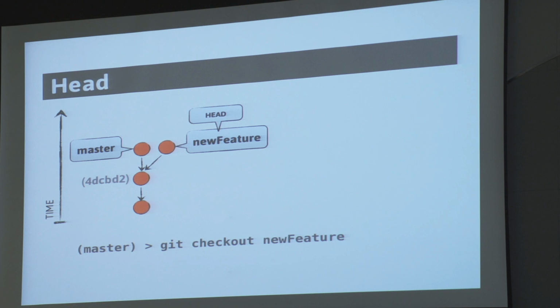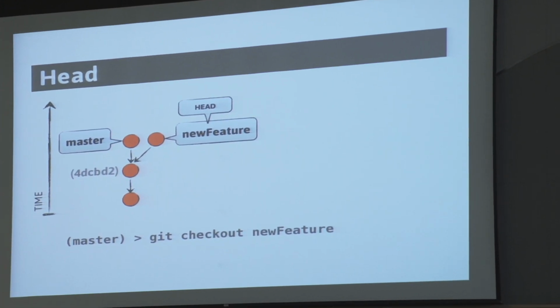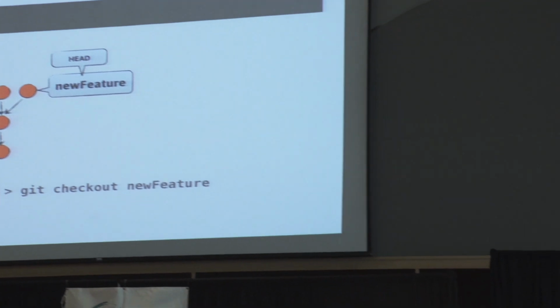The minute you switch commits, what happens? Git wipes out your working directory, goes to this commit, looks at its tree, starts unwrapping, writing out files to the file system. Done.